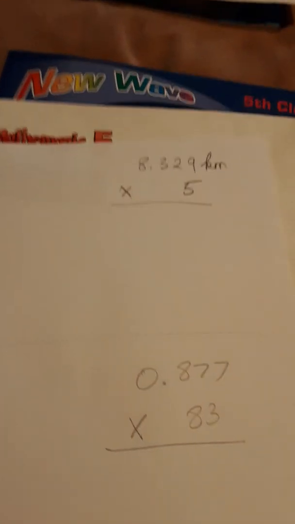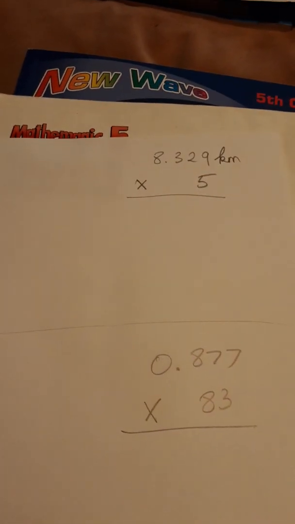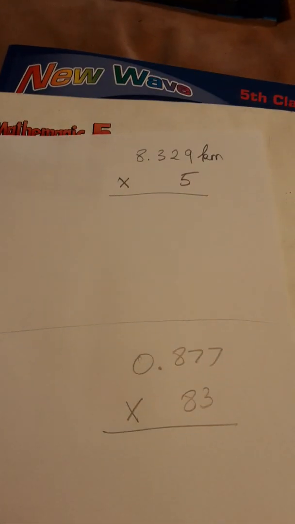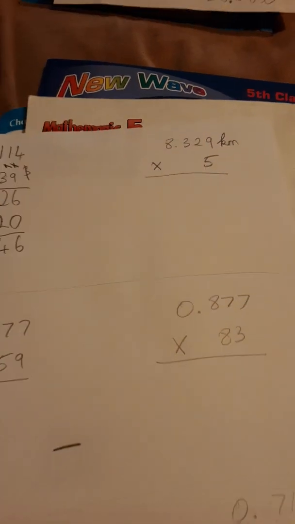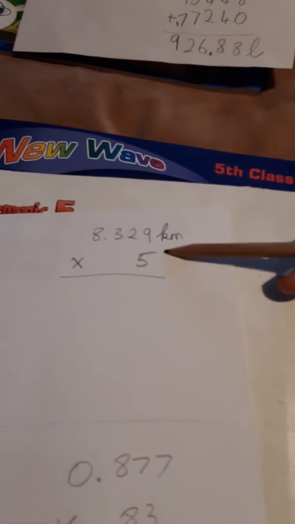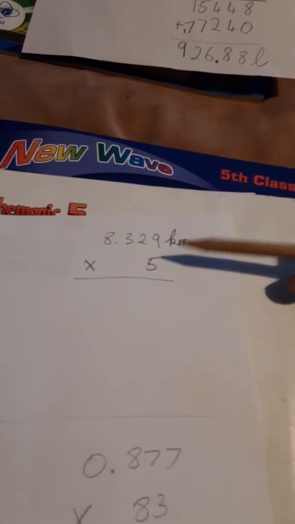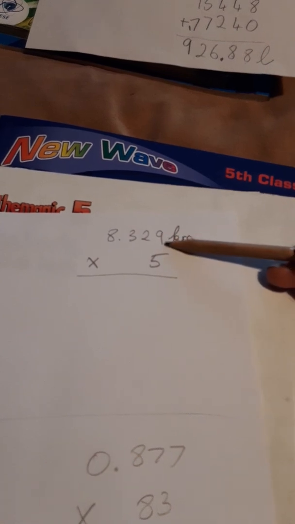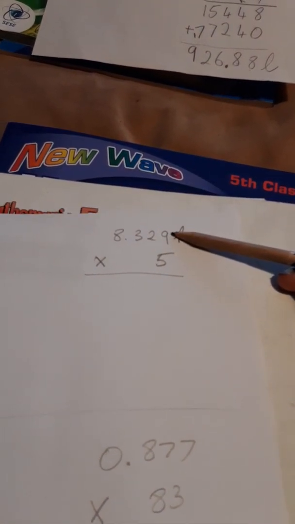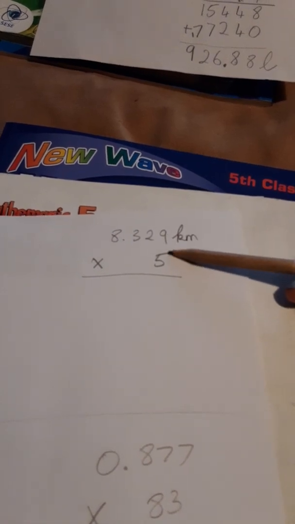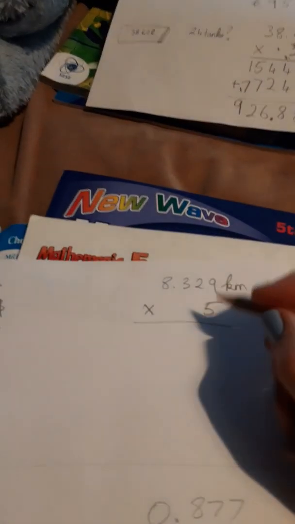We'll multiply it by 5 and figure out how many kilometres it can travel on 5 litres of petrol. So instead of 9 litres, it's going to have 5 litres, and that's the distance that it can travel for every 1 litre. So let's find out how far it can travel for 5 litres.